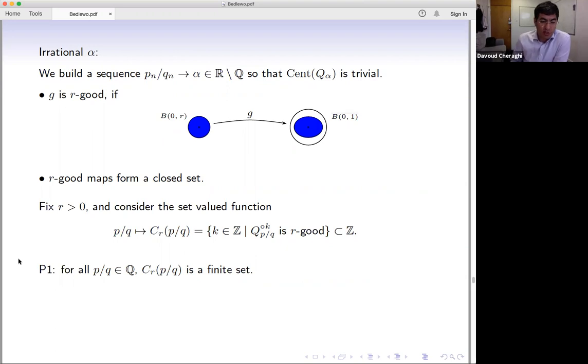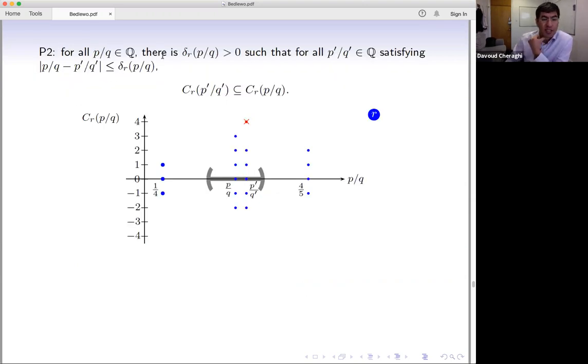So the second property of this function is how it depends on rational values. I've written the second property here, but you don't need to read this. It's easier to see it in the picture.